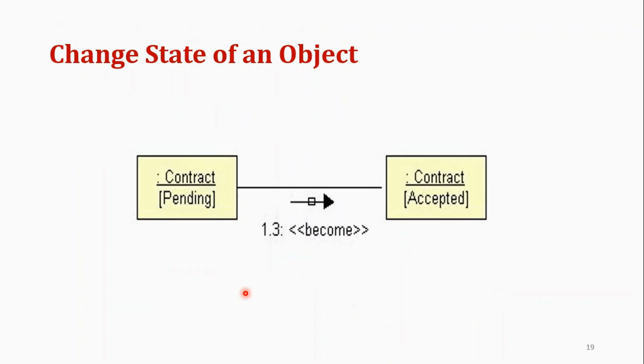And finally, changing the state is given: from contract pending to accepted. The object class name is contract, and the status is updated. Become is used to change from pending to accepted.